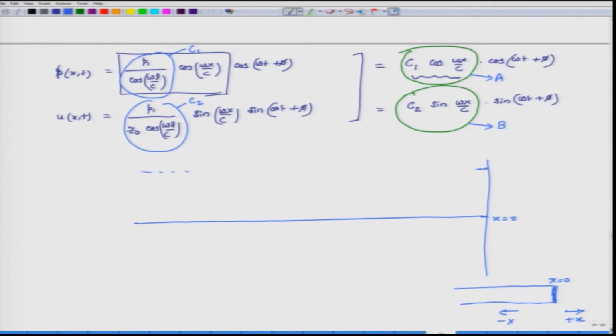So, I am just going to do some construction, and then I am going to actually plot this. So, please bear with me for a moment. So, this is plus A and this is minus A, and on the x axis actually I am plotting omega x over c, okay, like this.